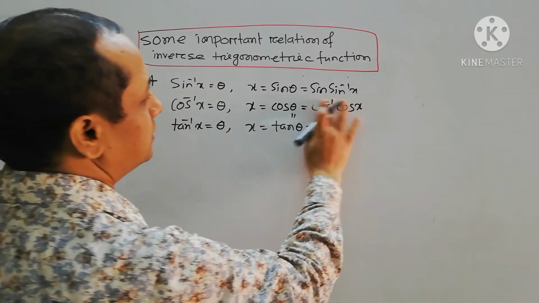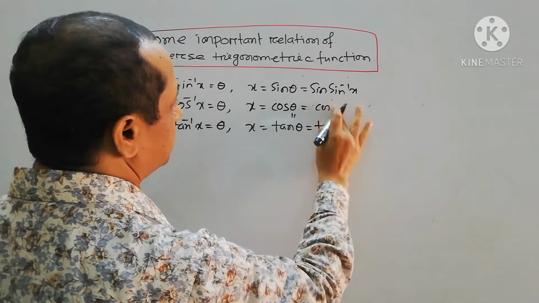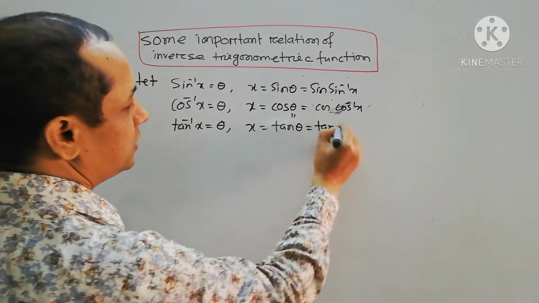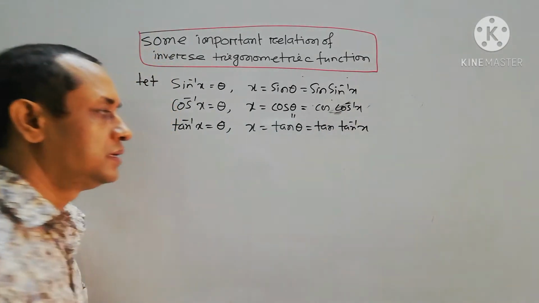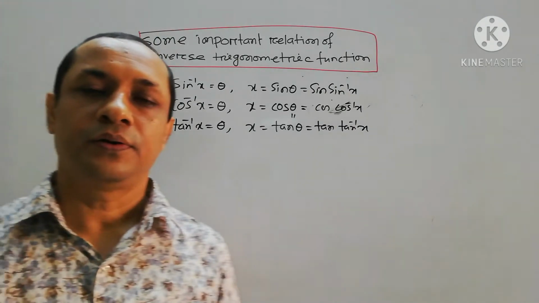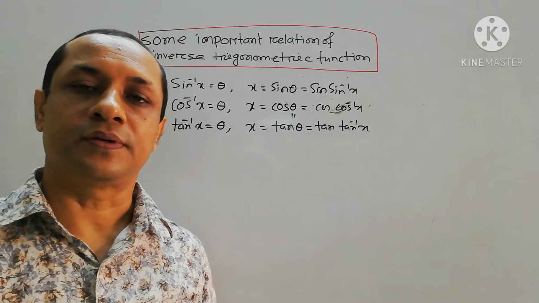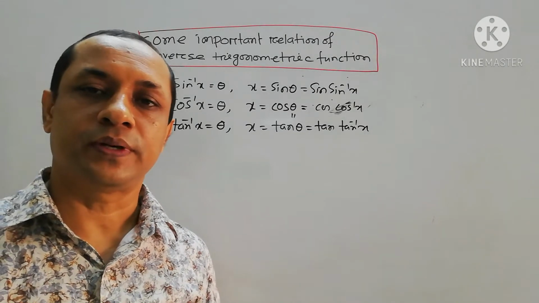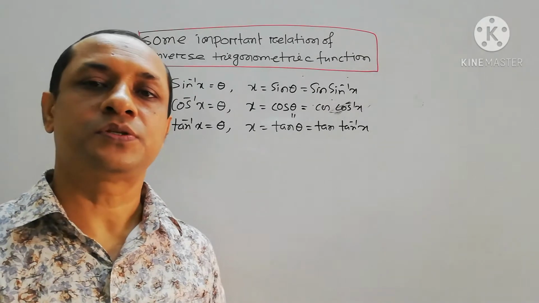Here putting the value of theta equals tan inverse x, we get tan of tan inverse x equals x. Similarly, we can prove that cot of cot inverse x equals x, sec of sec inverse x equals x, and cosec of cosec inverse x equals x.